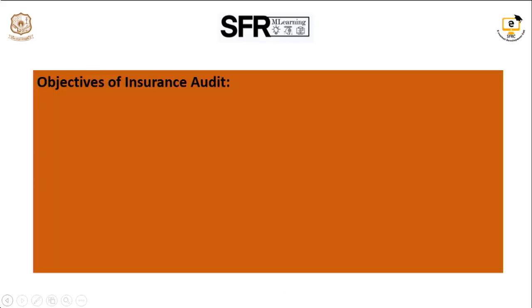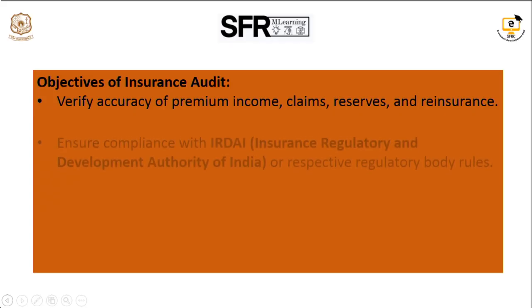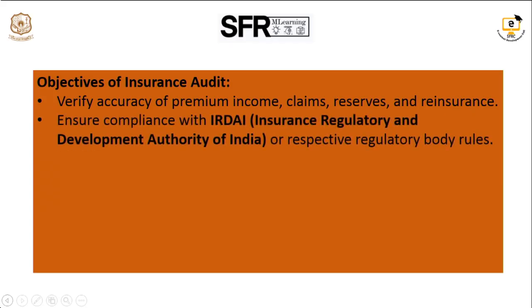Objectives of the insurance audit. First one is to verify accuracy of premium income, claims, reserves and reinsurance. Second, ensure compliance with IRDA, that is Insurance Regulatory and Development Authority of India, or respective regulatory body rules.